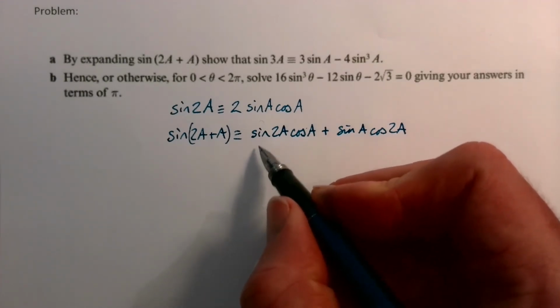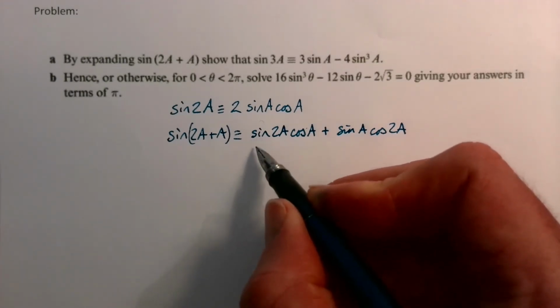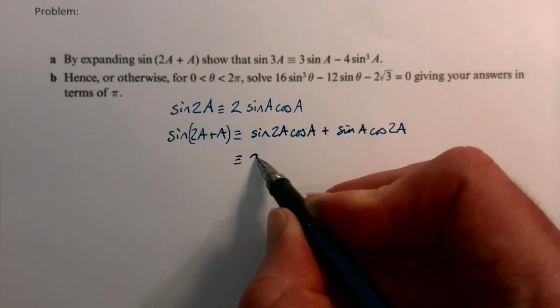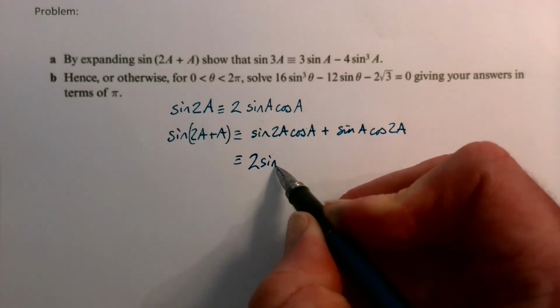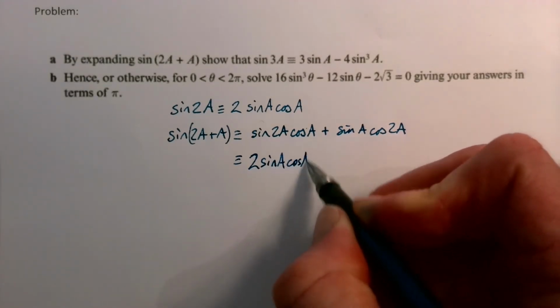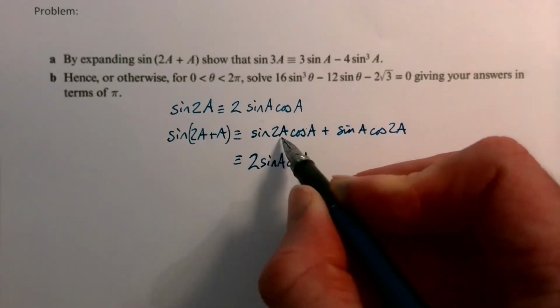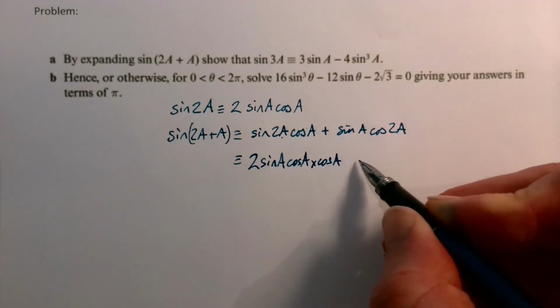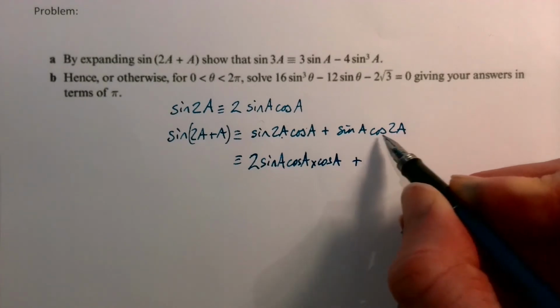So we can say 2 sine a cos a, that is just that bit there, times cos a, plus, now we're going to have to replace this cos a.